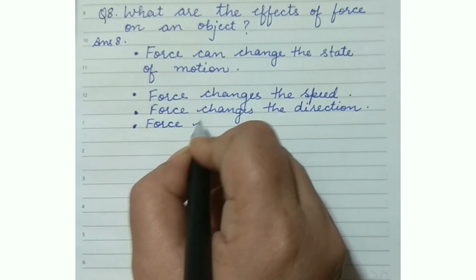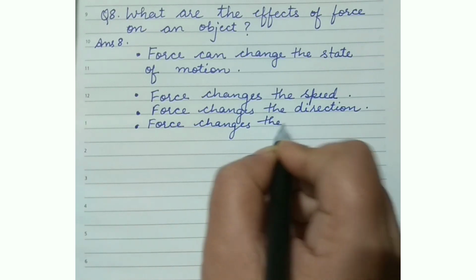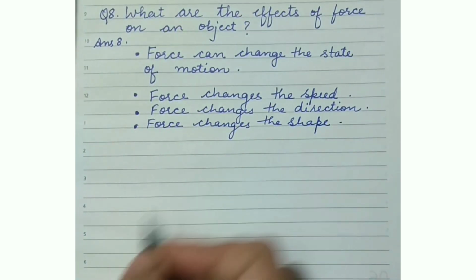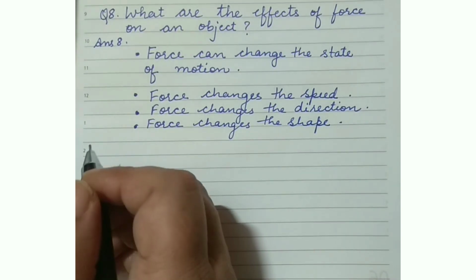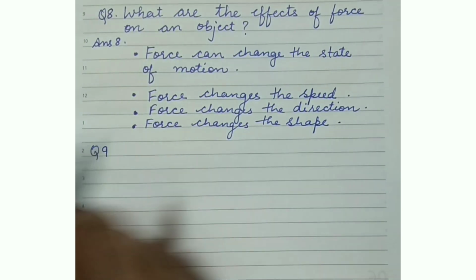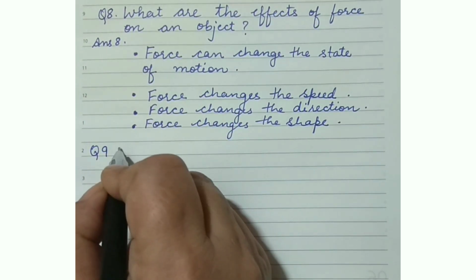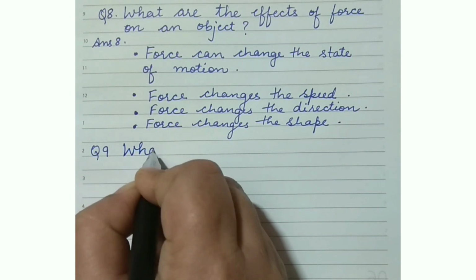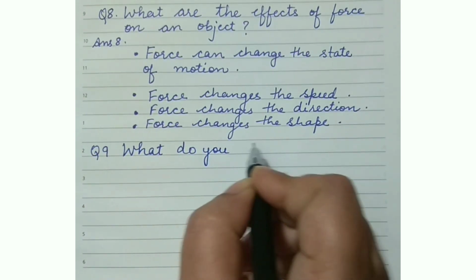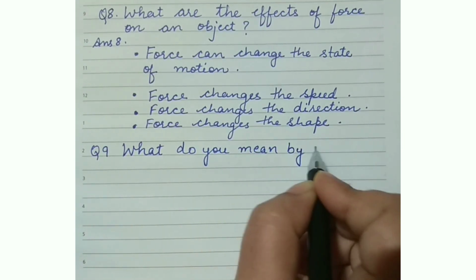Force changes the direction also. Force changes the shape also. Your mother daily rolls chapatis for you. Now look how the flour, dry flour, became the dough, and by rolling the chapati, you have different shapes. Simply the result of applied forces.